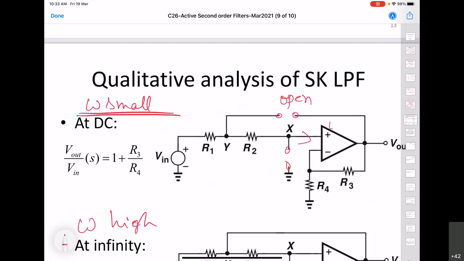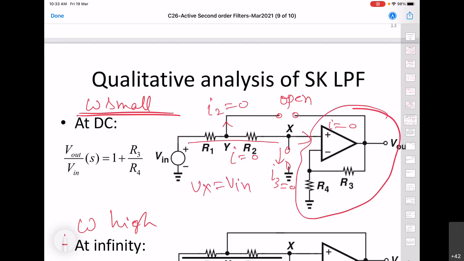Since the current into the op amp is 0 and this current, which was earlier called I2, is also 0, there will be no current because this path is also broken. So Vx will be simply equal to V in, and that means we will have simply this circuit, which is a non-inverting amplifier.